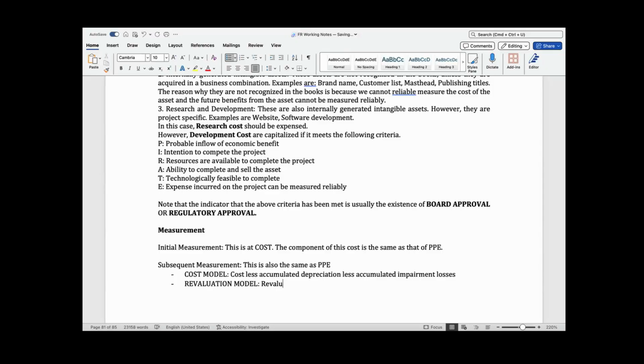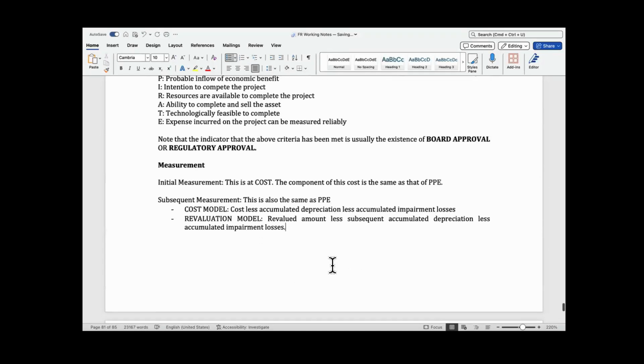After you have checked your note, you think I didn't see you. Revalued amount, less subsequent accumulated depreciation, less accumulated impairment losses. Okay, it's the same now.